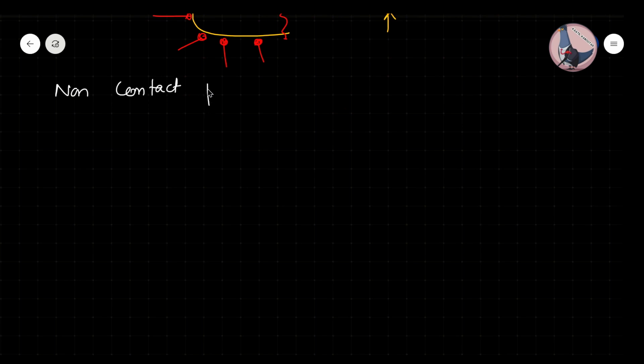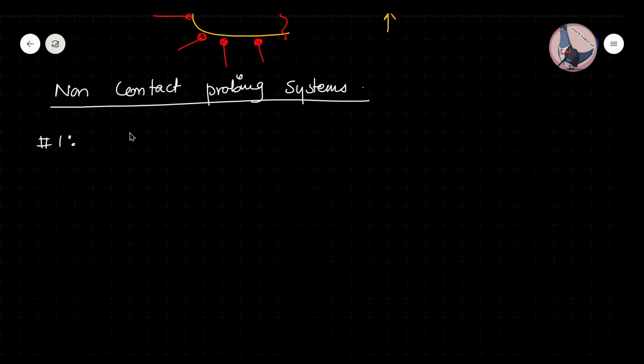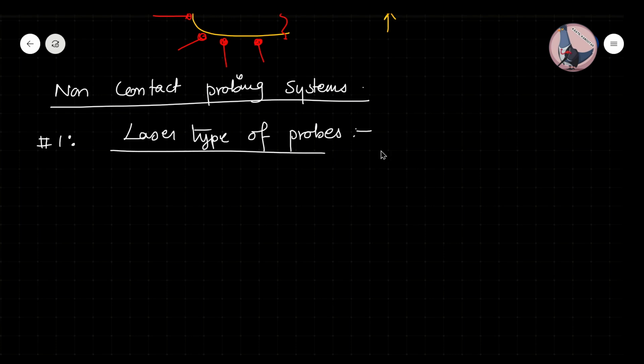Now coming to non-contact probing systems. In non-contact probing systems, the first one is your laser. So in this laser type of probe, a laser beam is focused on the job.